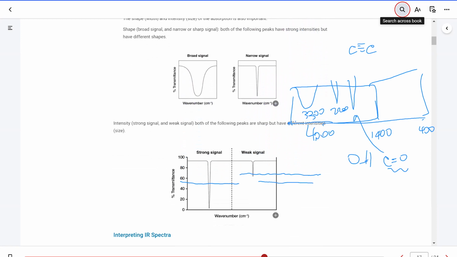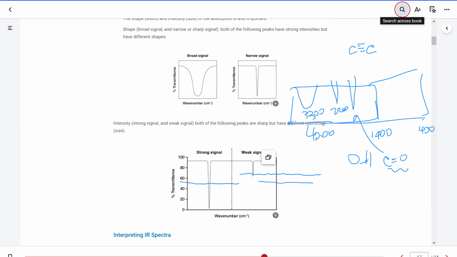Broad signals are often shown for compounds that have OH or NH. Due to hydrogen bonding, OH and NH show a broad peak.